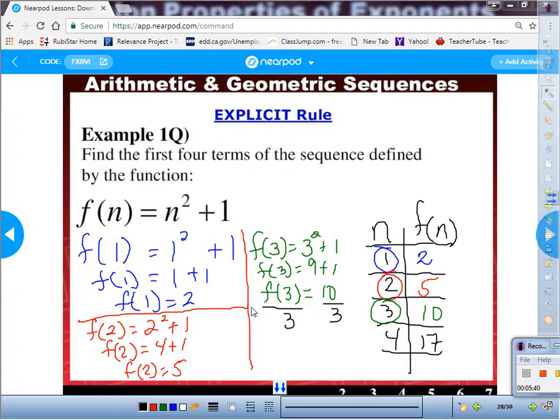This is only a label. This is only a label indicating it's a function. Is it multiplying? No, it's only a what? So that means we don't have to solve for f or anything. It's just saying the function of 3 is 10. Everybody understand so far?